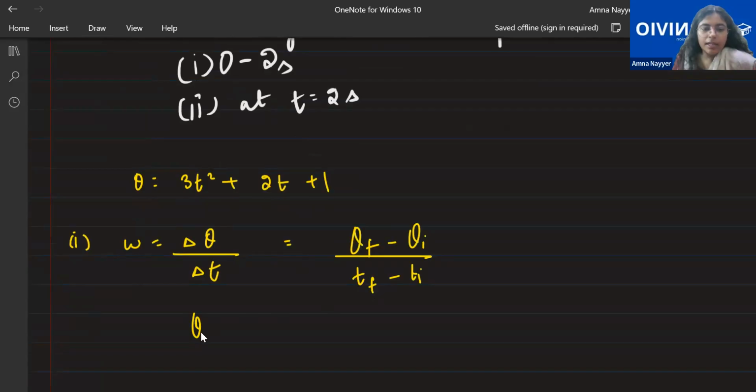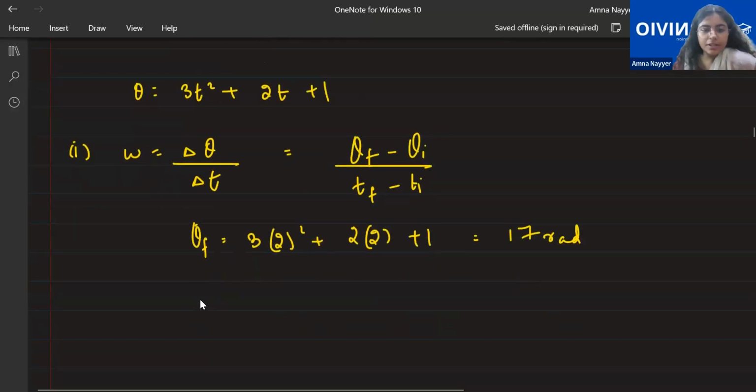So let's see what will be the final theta. Finally, the time is 2. So 3 into 2 square plus 2 into 2 plus 1. So this is 12 plus 4, 16, and this becomes 17 radian.